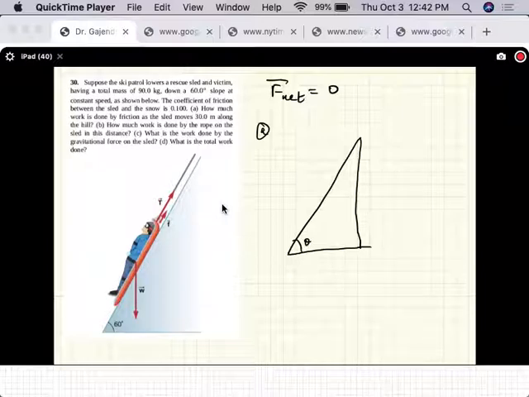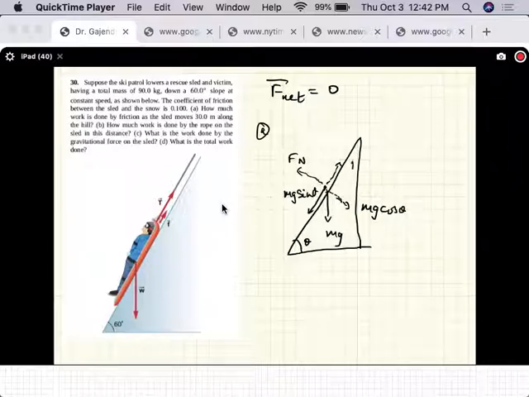We'll represent it by a point. Here is the weight of the sled and the patient. This is mg sine theta. This component is mg cosine theta, so the normal force is equal to that.